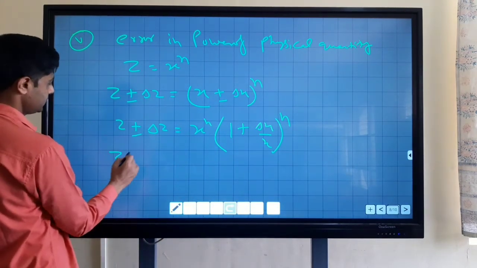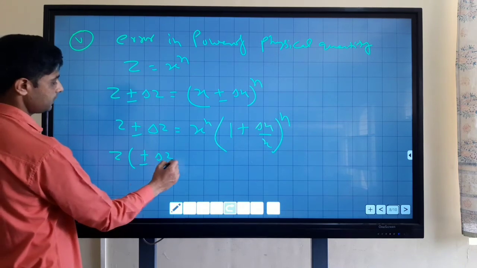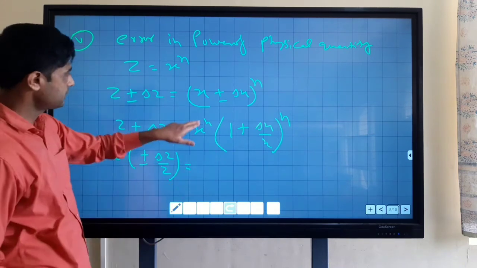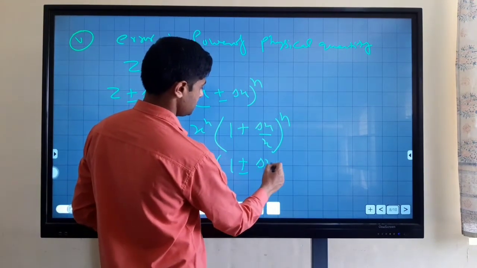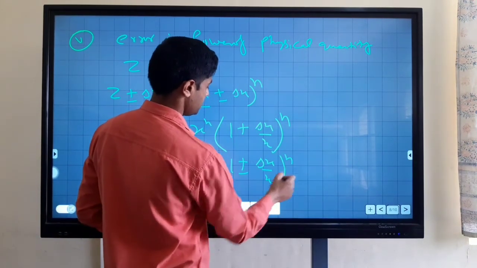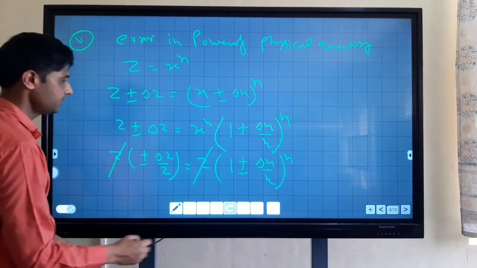Take Z common, Z plus minus del Z upon Z, and this x to the power n equals Z. So 1 plus minus del x upon x. This Z cancels this Z.